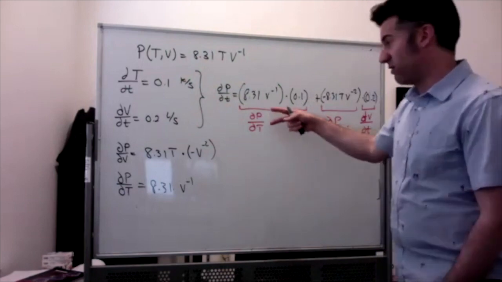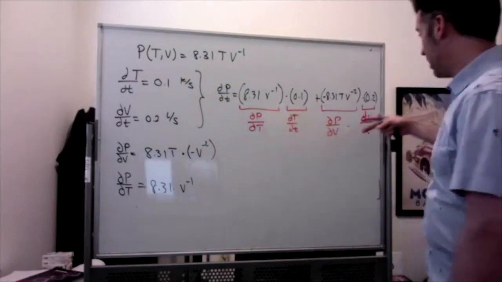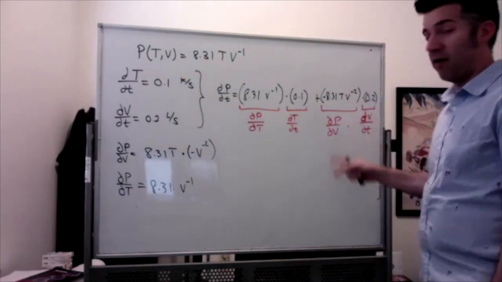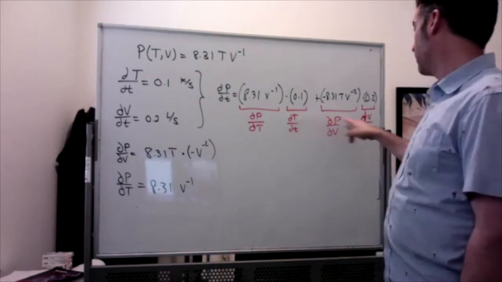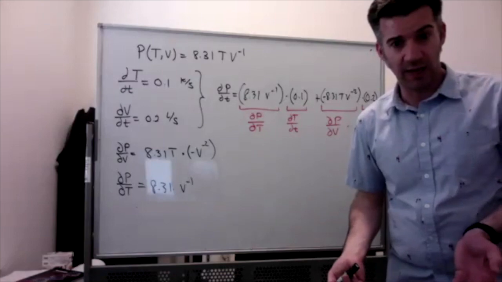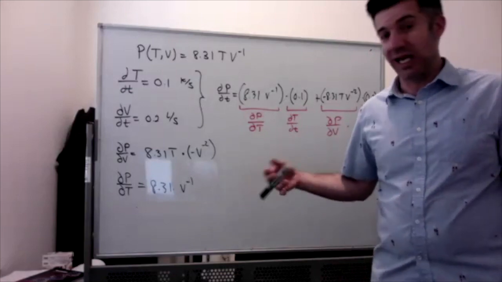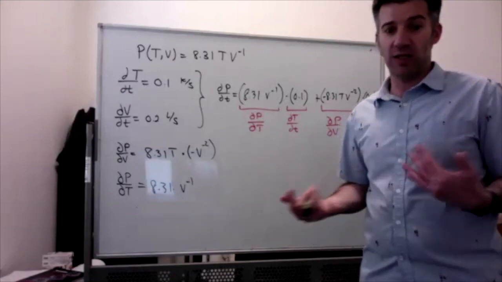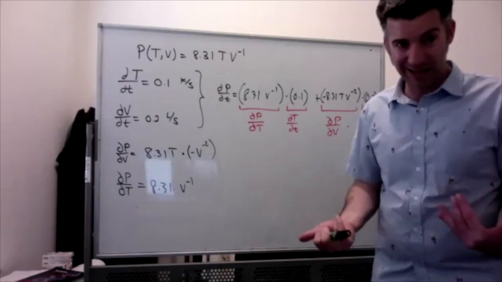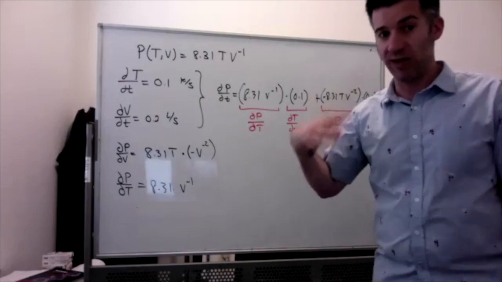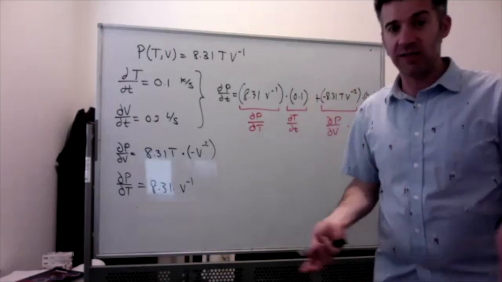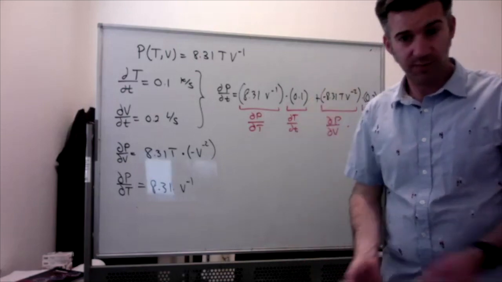That's why you have del P del T as a partial and del P del V as a partial. On the other hand, T and V only depend on time, right? We're just asking how this thing is changing as time goes on. They only can change as time changes, so they're only time dependent. So since they only depend on time, when we take their derivatives, you get just straight derivatives, right? They're not partials because they don't depend on more than one variable.